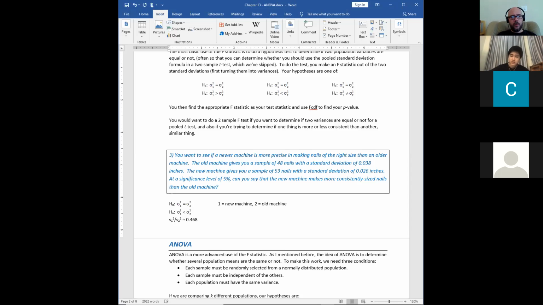So I want to go to the left here because this is a less-than alternative hypothesis. So I want to do FCDF of 0 up to 0.468 for my p-value.